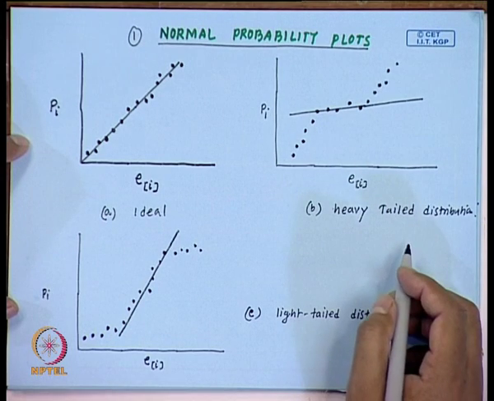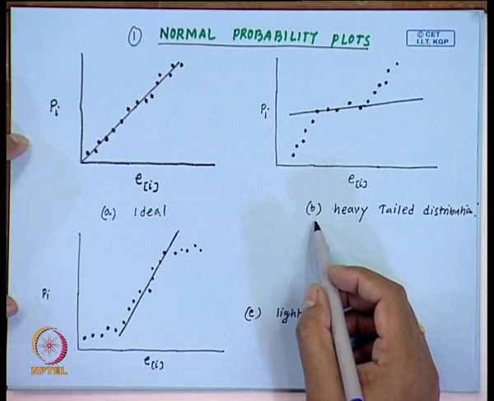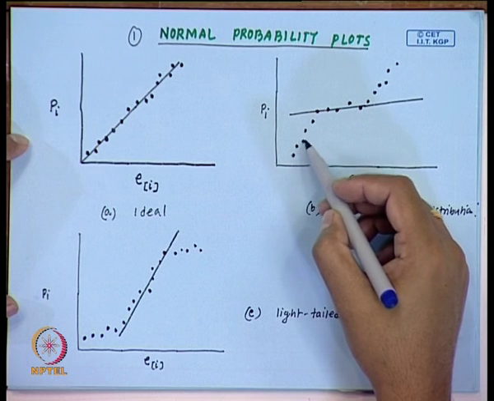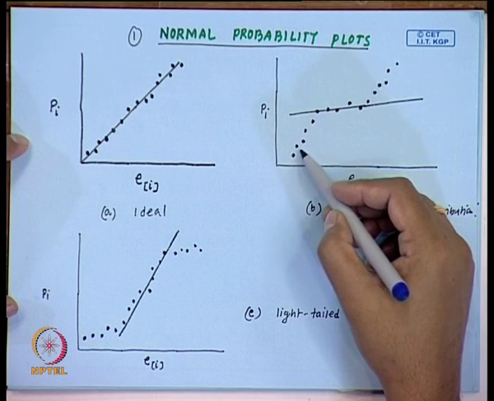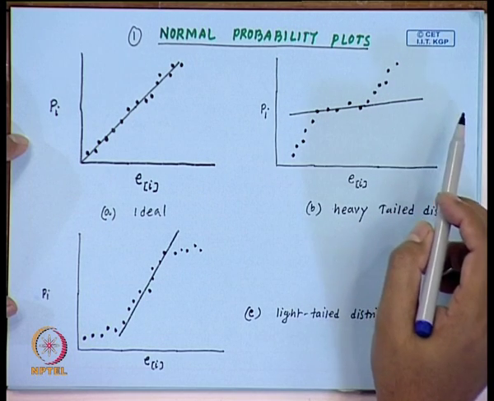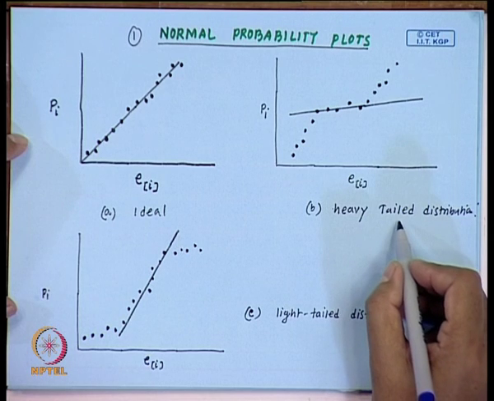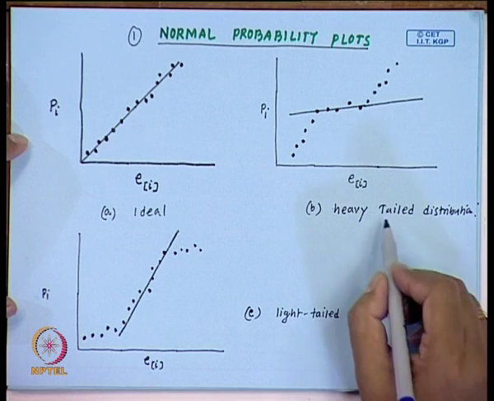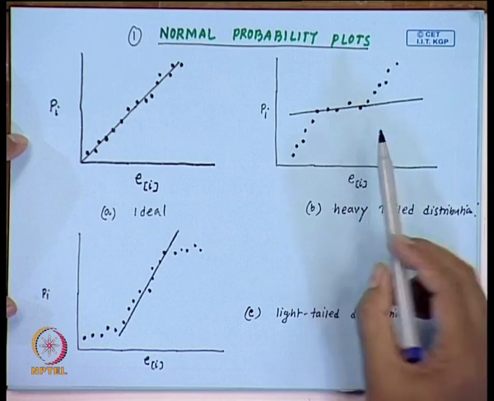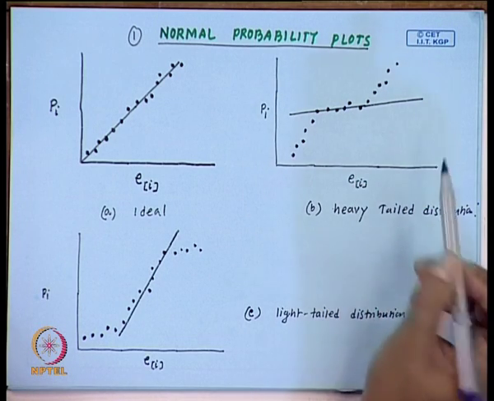Now, in figure B, you can see that the points are not on a single straight line, and if this type of situation occurs, then we can say that the distribution is heavily tailed. That is, it is not really true that the error distribution is normal.